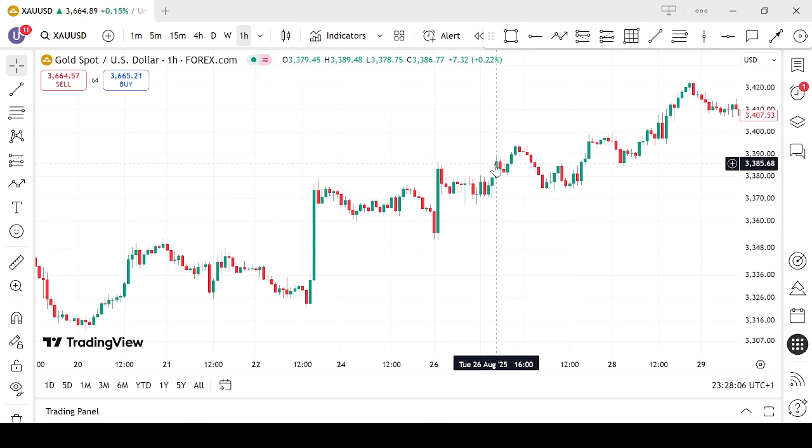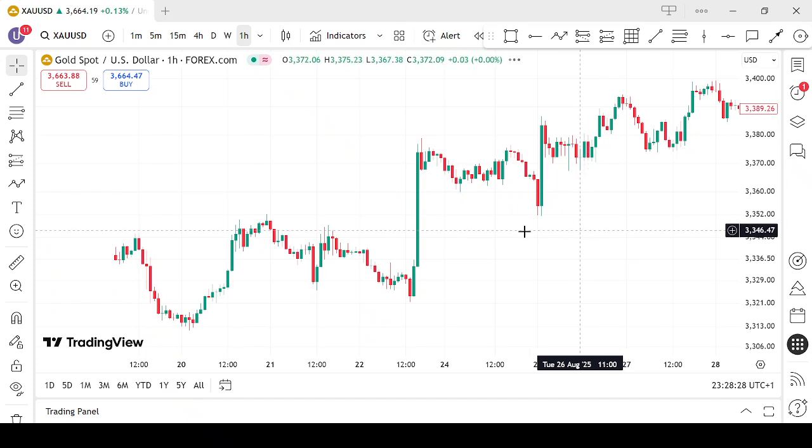You can also trade gold by gold futures, an agreement to buy or sell gold at a set price on a future date. The fourth way you can trade gold is by gold CFDs. That's contracts where you only pay or receive the price difference without owning gold.